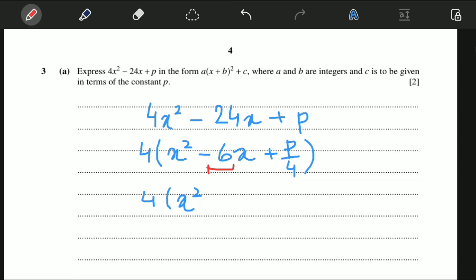So its half is 3, so we are going to add and subtract 3 squared, and first write this back. Plus p by 4 will come as it is.